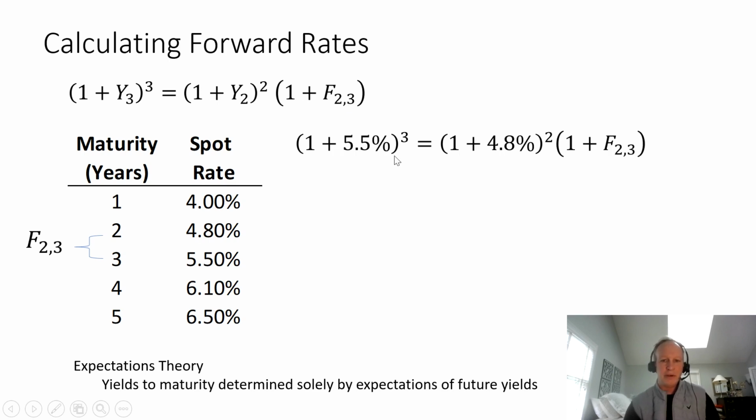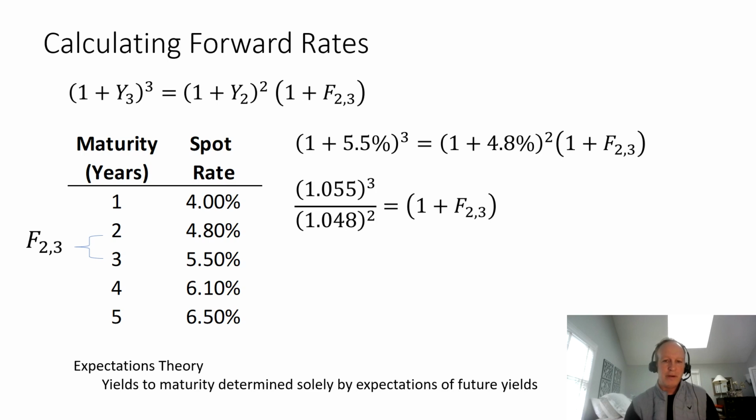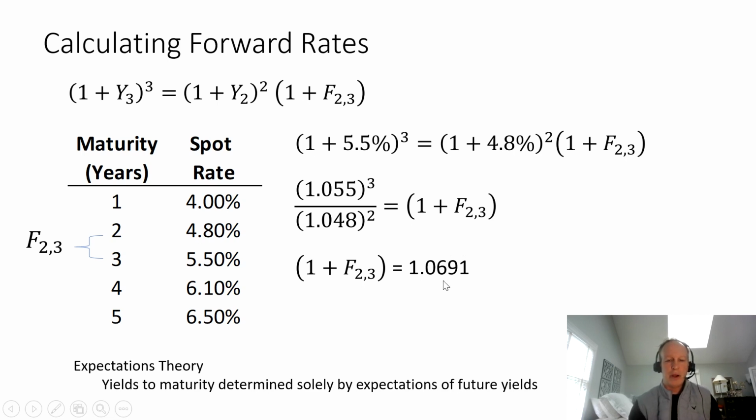Just filling in the terms here, I put in 5.5%, that's my 3-year, and I put in 4.8%, that's my 2-year note rate. And then I'm going to solve for F23. Rearranging the terms here, I divide each side by 1.048 squared, and I get this expression, and then I get 1 plus the forward rate is simply equal to 1.0691. Now all I have to do is subtract 1 from both sides, and I get 6.91%.